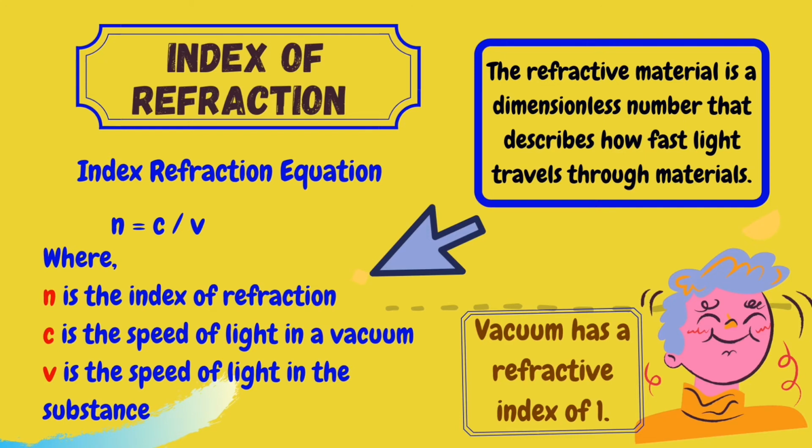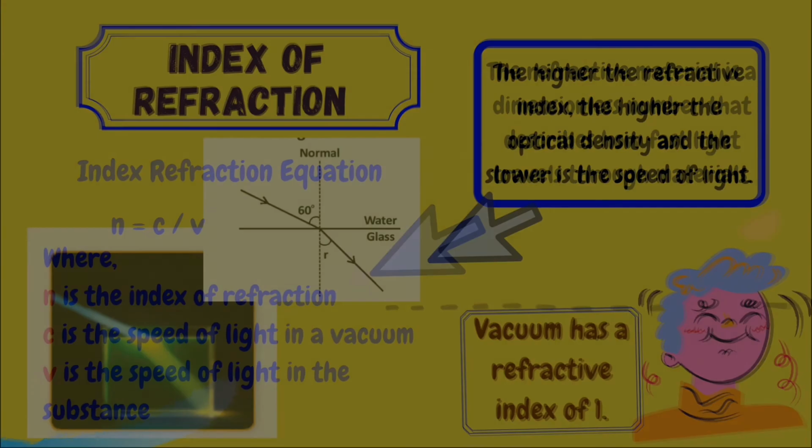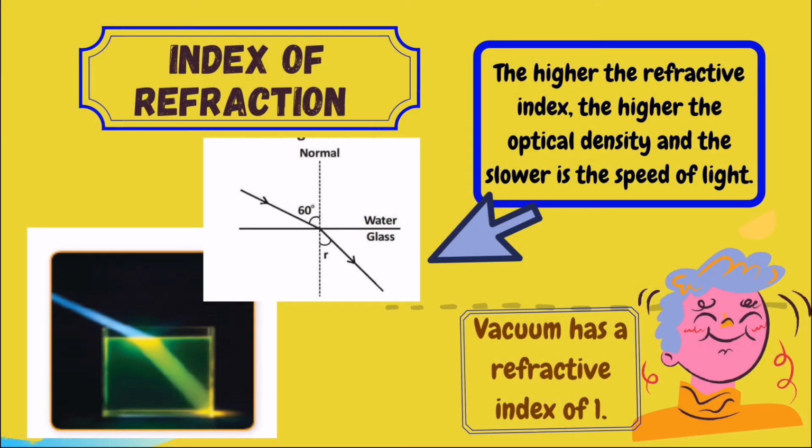The refractive index, as it's called, measures the bending of a ray of light when passing from one medium to another. The equation means the higher the refractive index, the higher the optical density, and the slower the speed of light. Example: the refractive index of glass is 1.52 and the refractive index of water is 1.33.